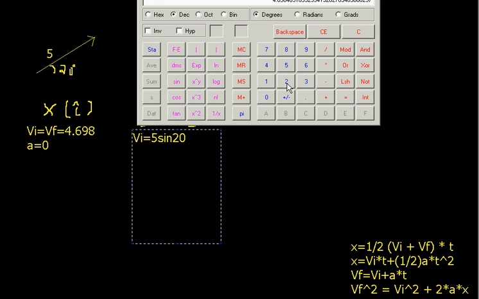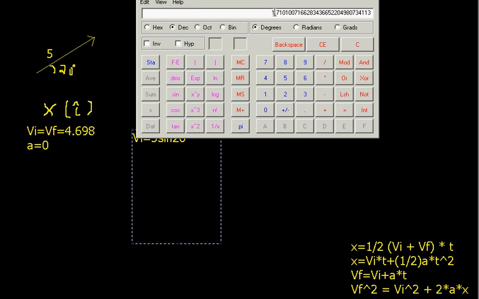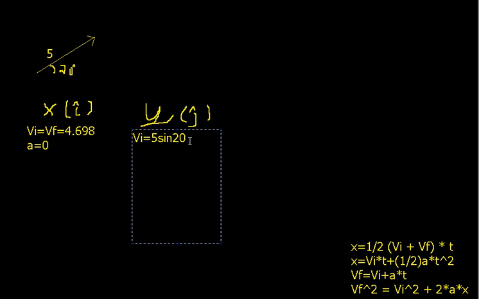So we're going to type in 20, take the sine of that, and then multiply that by 5, and we get 1.710. I'm just going to erase that to save space.